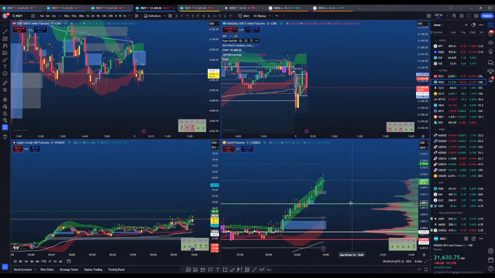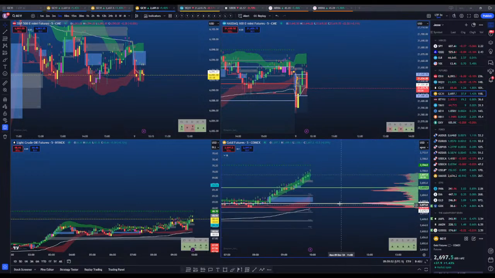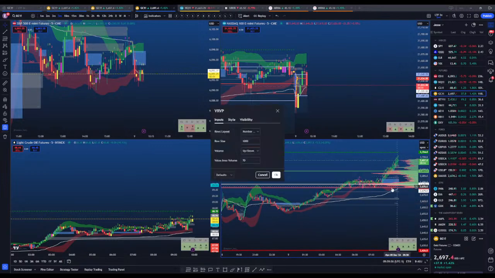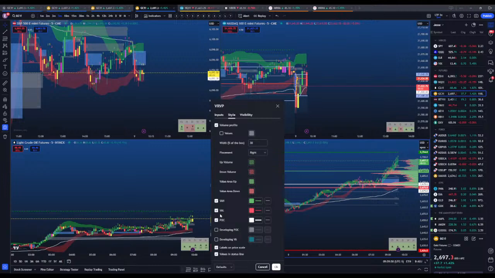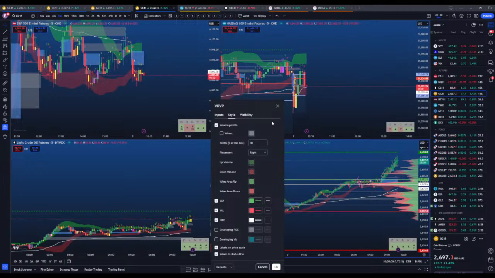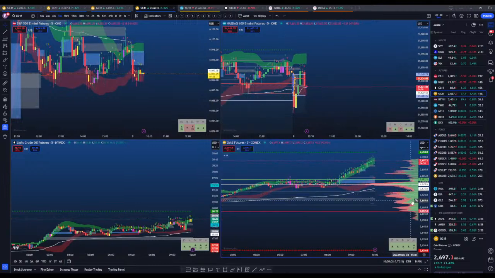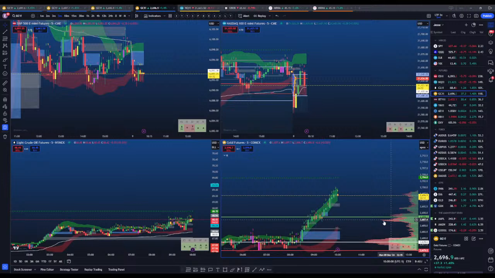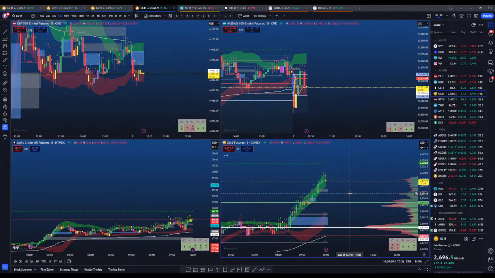The one that's on the right hand side is visible range volume profile, so VRVP, which will adjust with how you're looking at the chart. It's not fixed to a session. I need kind of both of those combined. That's what I'm needing. But it might not change too much looking at it now.